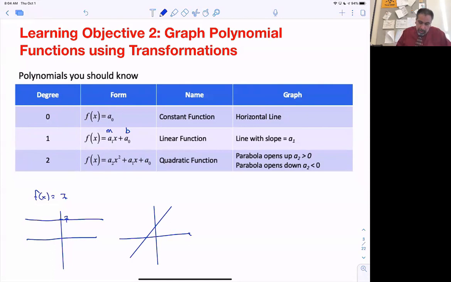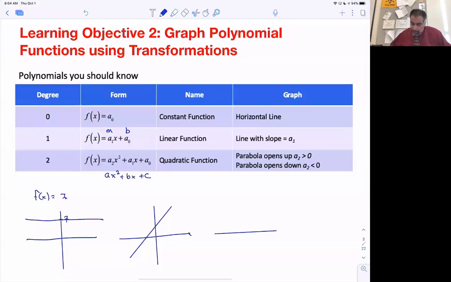And then your degree 2 polynomial, again, we recognize this, I hope, as our parabola. It's our quadratic. It's just that we wrote it as a quadratic in previous sections as ax squared plus bx plus c. We're just using the polynomial notation for the coefficients. So that's where the A2, A1, and A0 come from. We know that this function is going to be a parabola.